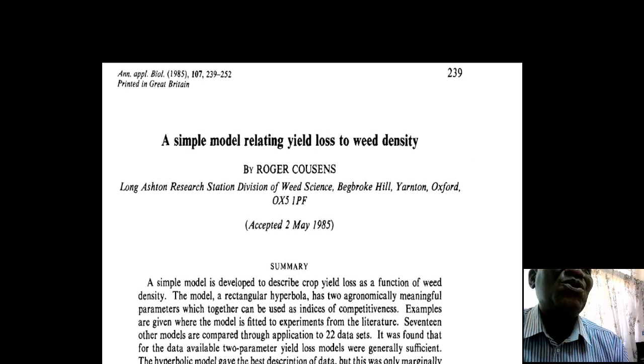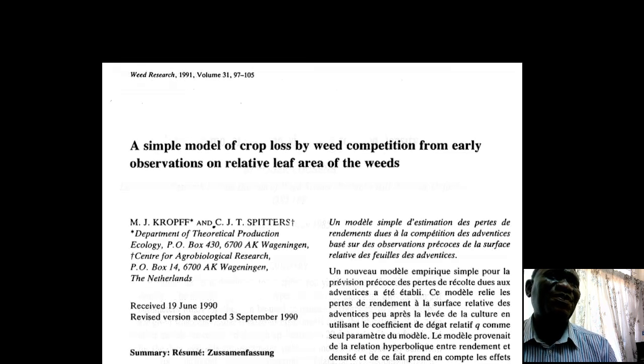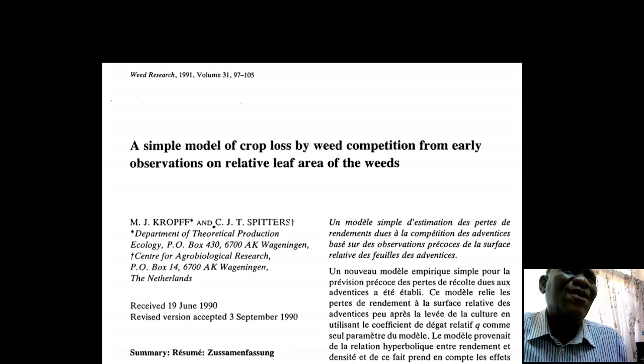So you may want to read this paper, A Simple Model Relating Yield Loss to Weed Density by Roger Cousins. If you can't get the paper, I may have to send it to you. Another one, Simple Model of Crop Loss by Weed Competition from Early Observation on Relative Leaf Area of the weeds. This one now by Croft and Spitters.